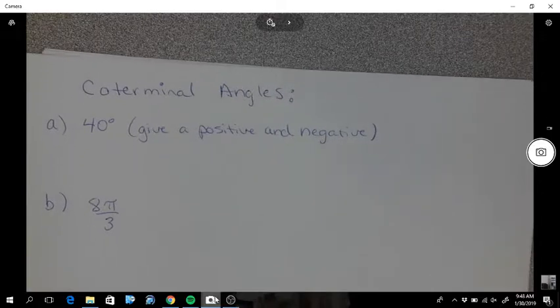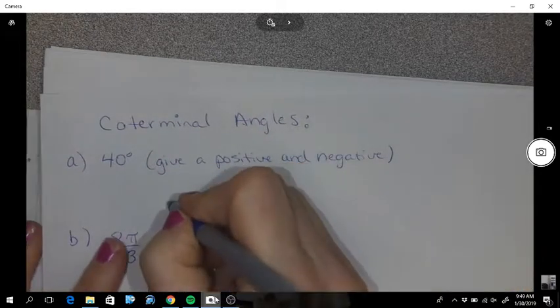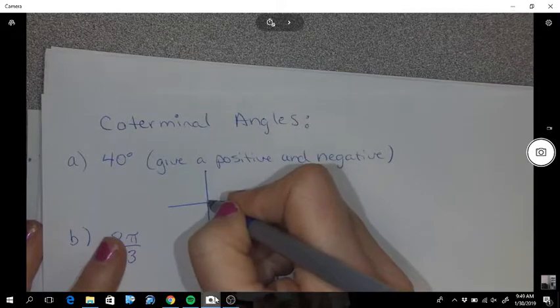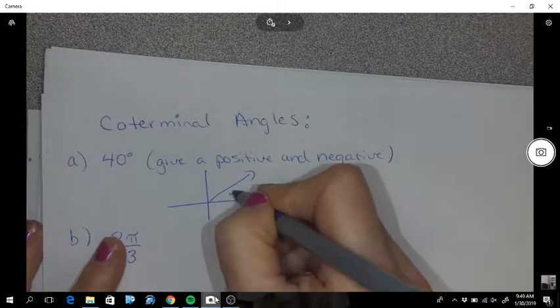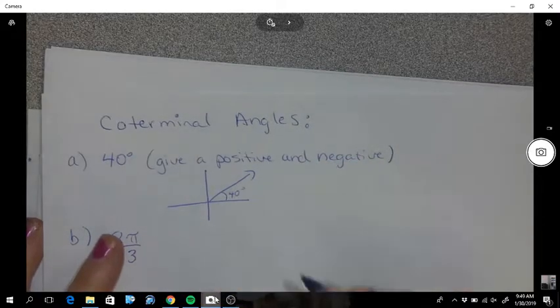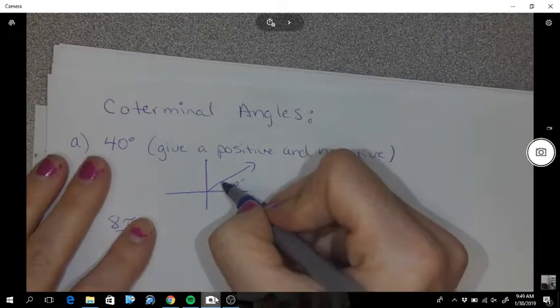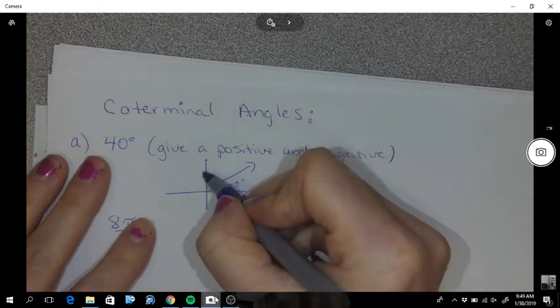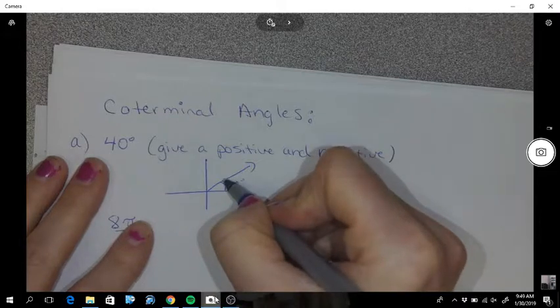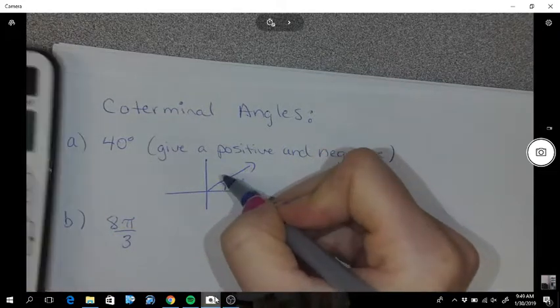Okay, next we're going to talk about coterminal angles. Okay, so 40 degrees. Where are we going to draw that? Right about here. So there's a 40-degree angle. If I want to give another angle that would land right in that spot, if I'm here and I rotate 360 more, I end up there again.